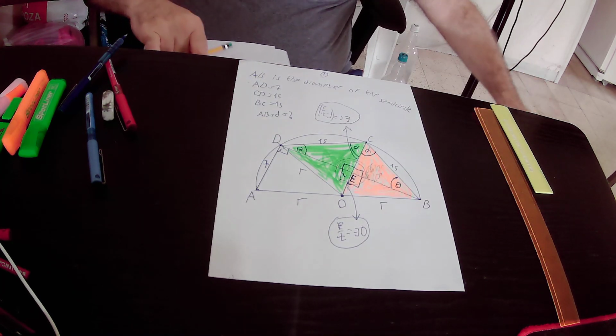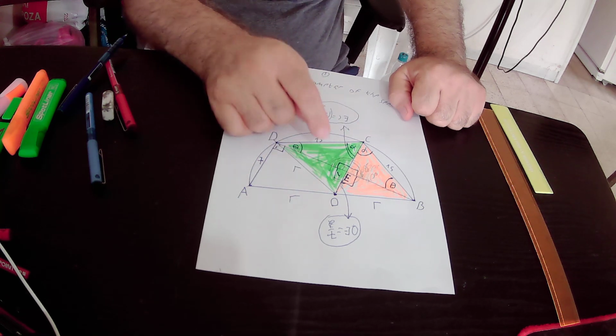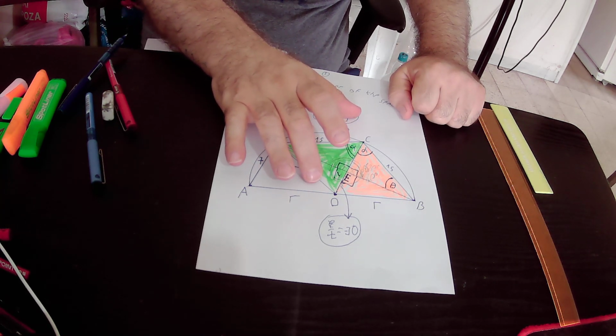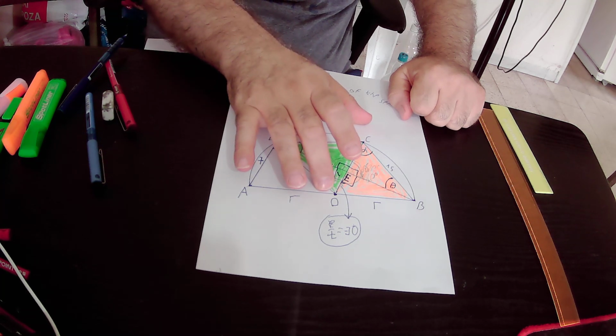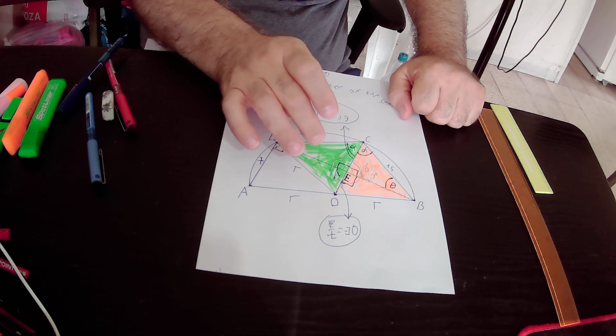So if we look at the straight line OC at a certain point, point E, on the left side of OC, the sum of the angles is equal to 180 degrees.